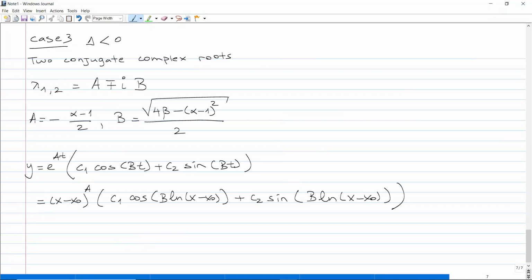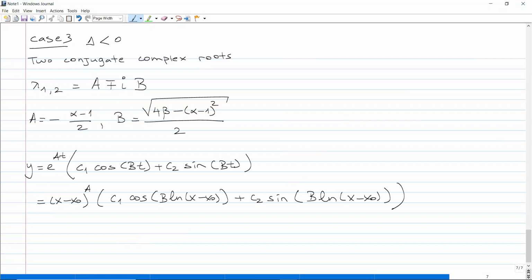So basically, if you have the Euler equation, after the substitution e to the t equals x minus x0, your equation becomes linear with constant coefficients, and you can find the solutions as before. I just listed the solutions depending on the sign of the discriminant.